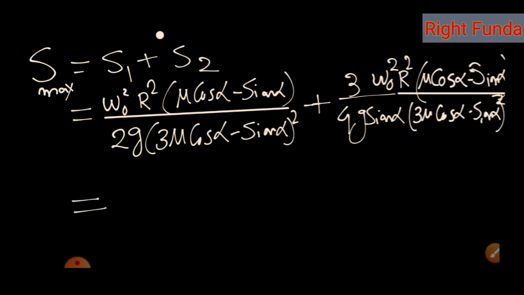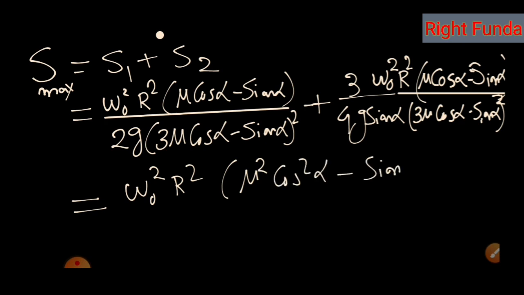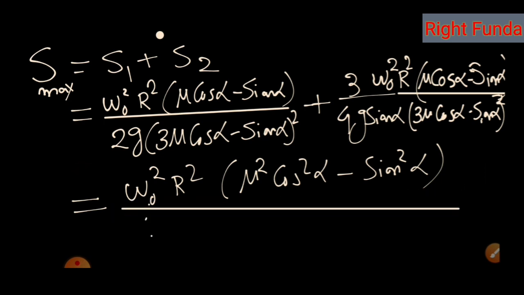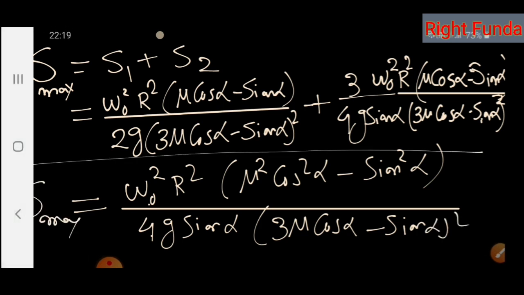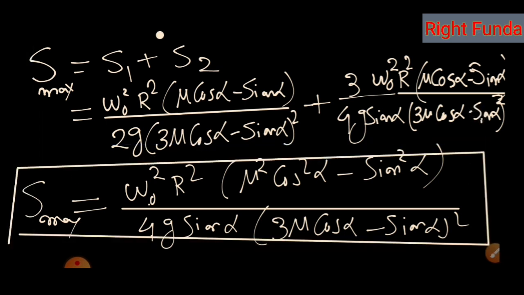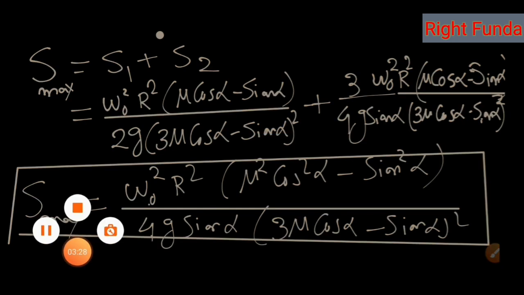Substituting the values of S1 and S2 and simplifying, we get omega naught squared r squared into mu squared cos squared alpha minus sine squared alpha, divided by 4g sine alpha into 3 mu cos alpha minus sine alpha, whole squared. This is the maximum distance the body travels on the incline. This is our answer.